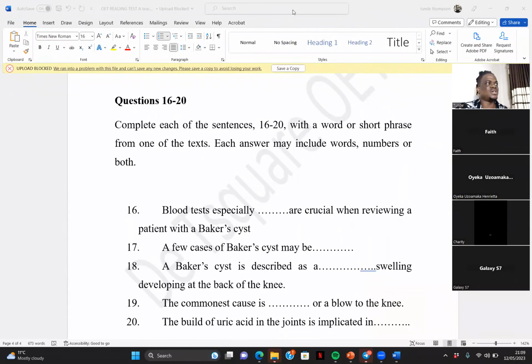Can you state the condition? I'm waiting for your answers. The answer is rheumatoid arthritis, isn't it?